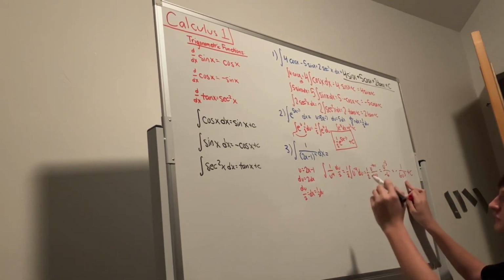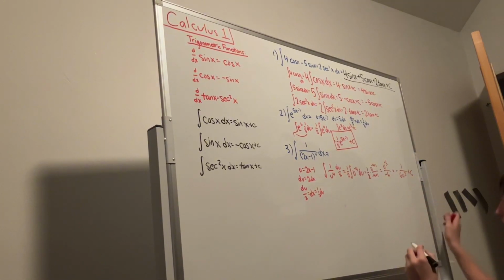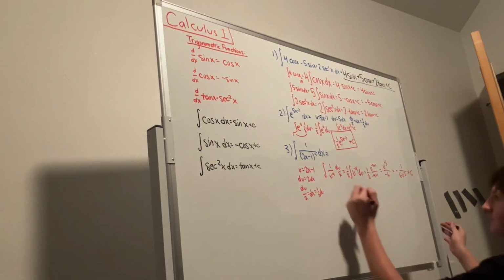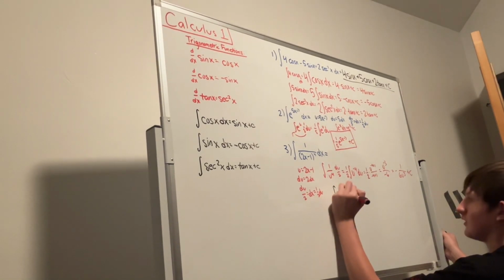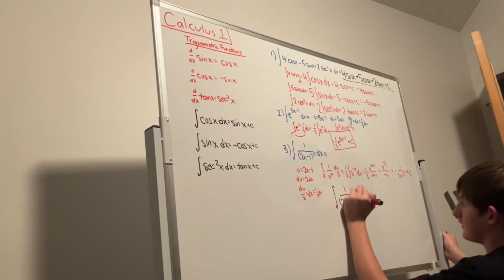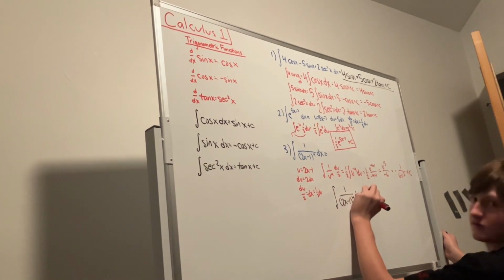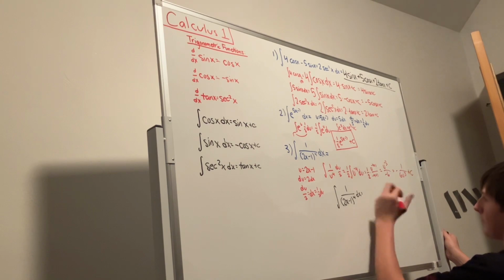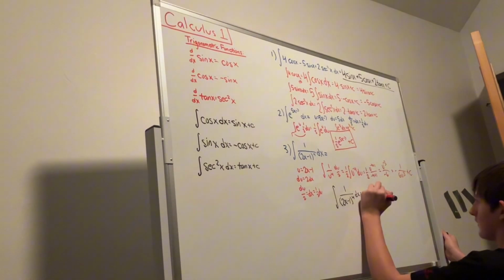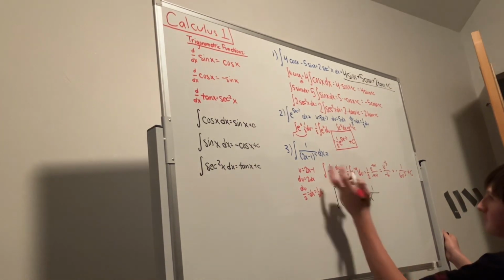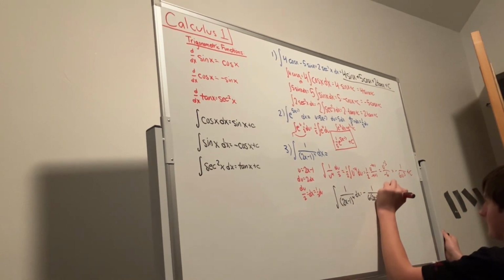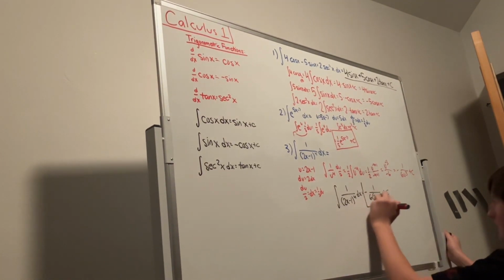Keep in mind, u does equal 2x minus 1. So the integral of 1 over 2x minus 1 to the 4th dx equals negative 1 over 6 times 2x minus 1 cubed plus c. And this is going to be our answer.